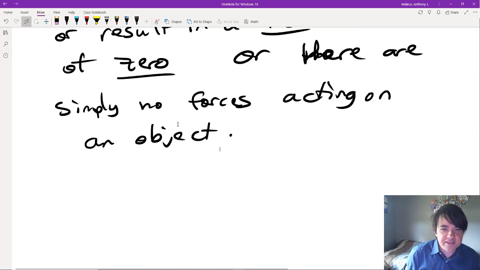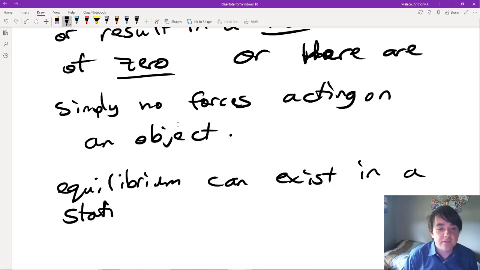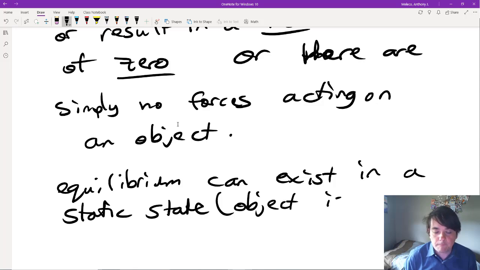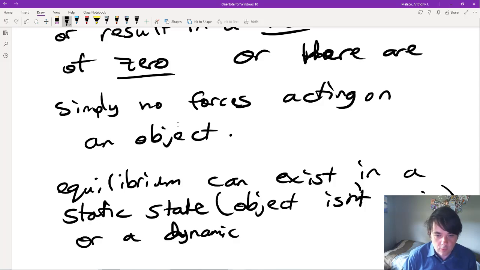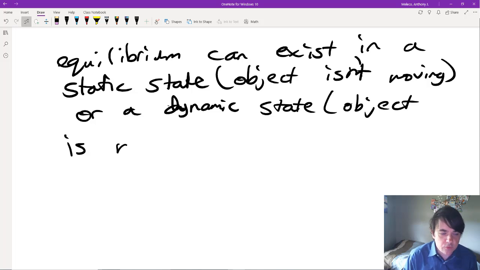And this state, equilibrium, can exist in a static state, so the object isn't moving, or a dynamic state, as in the object is moving.